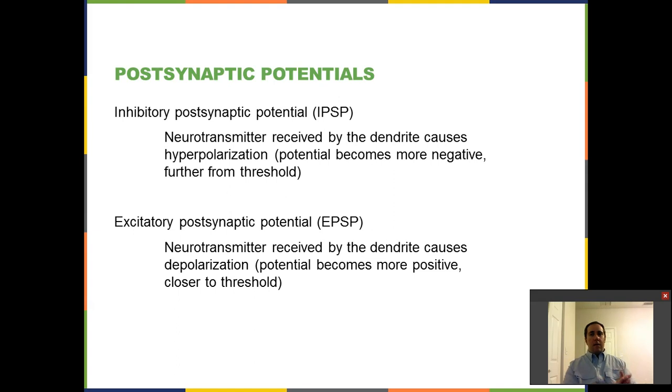When the action potential reaches the end of the axon, it causes the release of neurotransmitter, which floats across the synapse, binding to the ligand-gated ion channel on the next neuron, and now we're right back where we started. And so it's a cycle, and it goes from neuron to neuron to neuron.